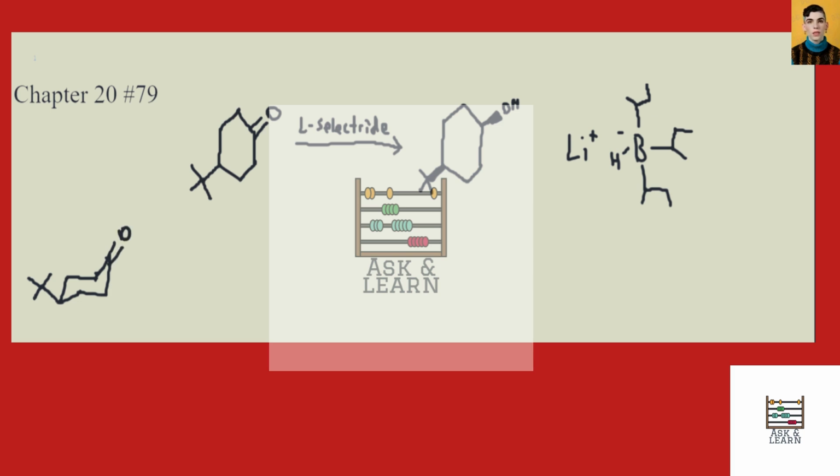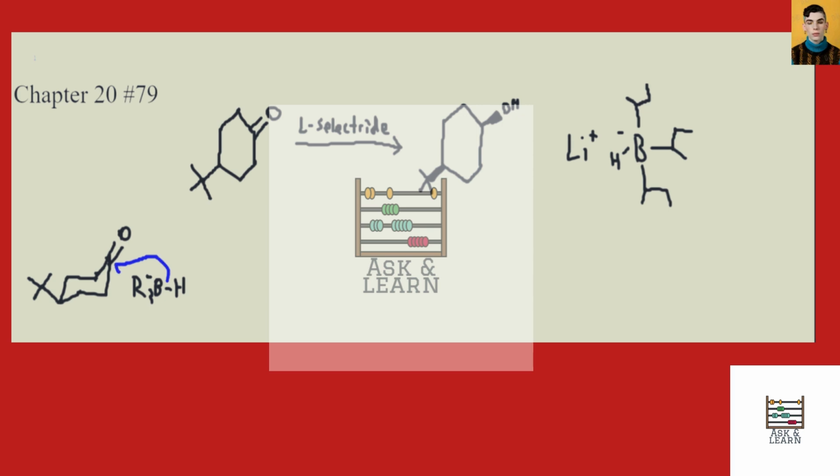Okay, and the L-selectride, we'll just call this R3BH, and put the negative charge here on the boron. So this is basically going to come in and deliver this hydride, and it's going to preferentially deliver from the less hindered face.